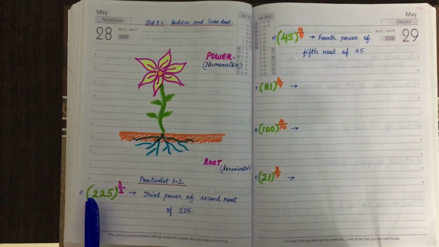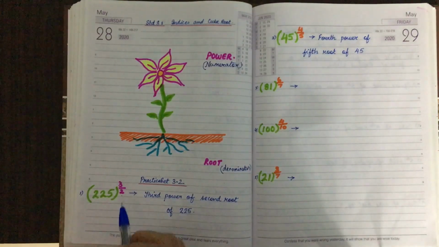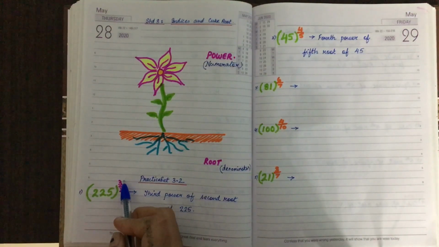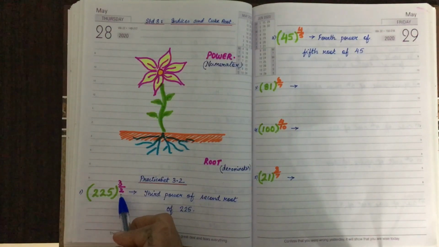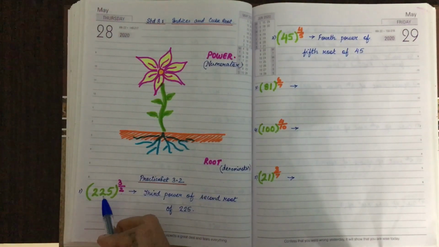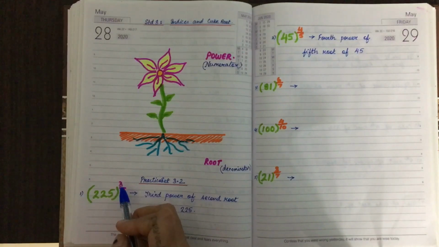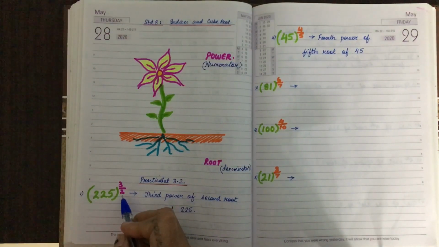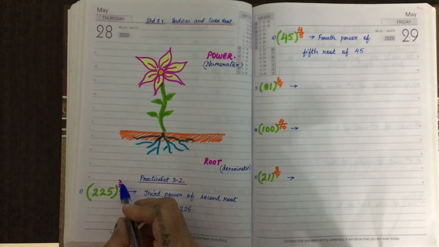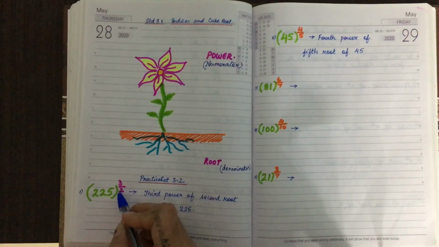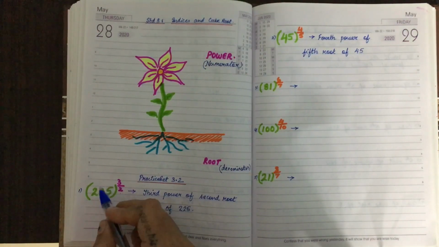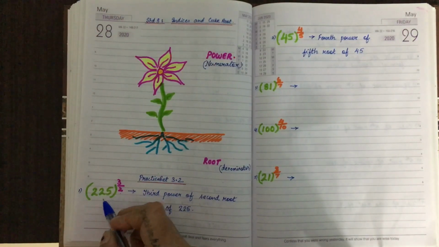So if I have to read this out, I will read it as the third power of the second root of 225. The numerator is the power and the denominator is the root. So this becomes the third power of the second root of 225.